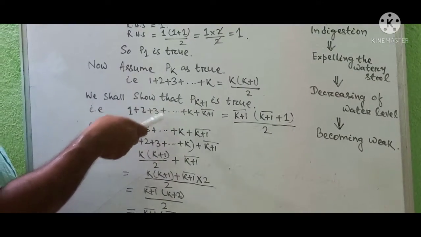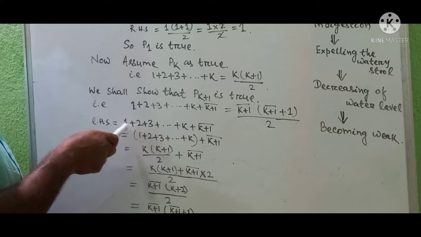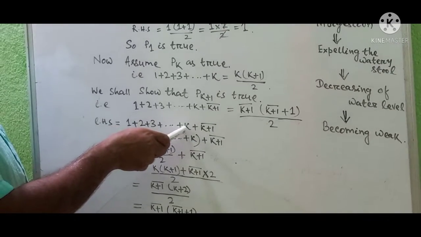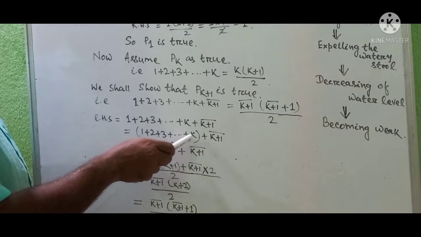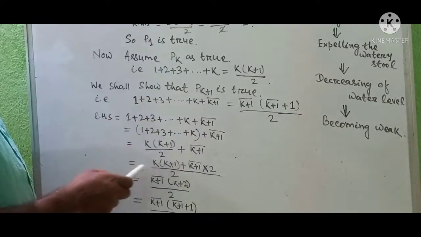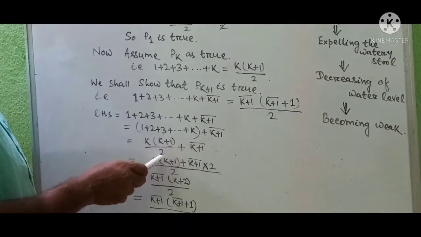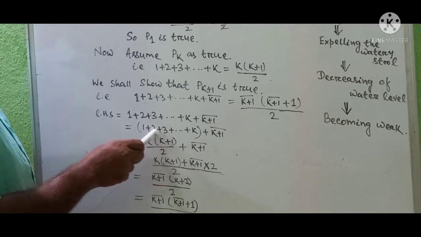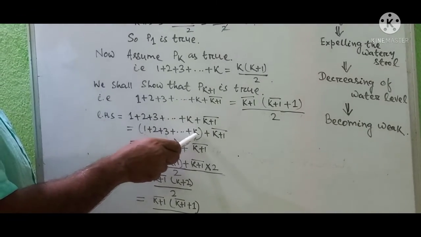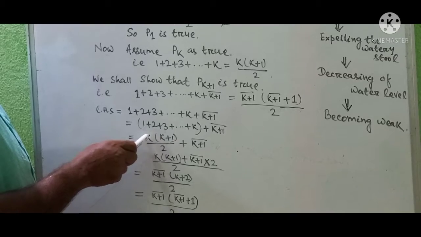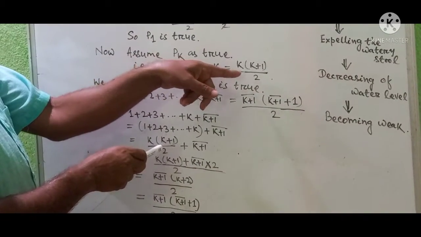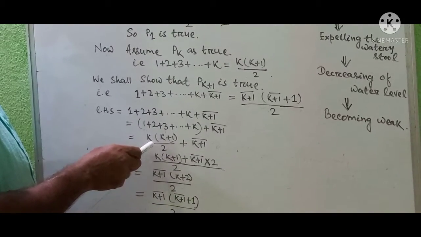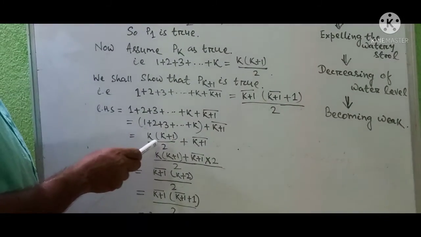So how can we prove it? LHS is 1+2+3+...+(k+1), that is equal to 1+2+3+...+k plus (k+1). This 1 to k is equal to k(k+1)/2, which we have assumed.